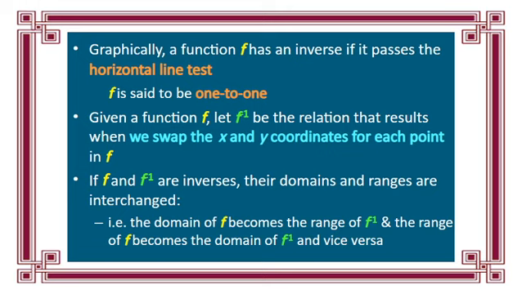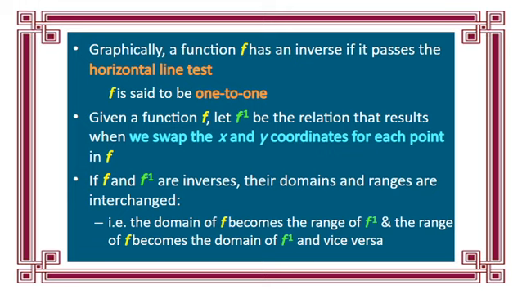But before that, let's discuss a few important points. Graphically, if a function f passes the horizontal line test, then f is said to be one-one, and it has an inverse. Next point, given a function f, let f inverse be the relation that results when we swap the x and y coordinates for each point in f. Next point, if f and f inverse are inverses, then their domains and ranges are interchanged.